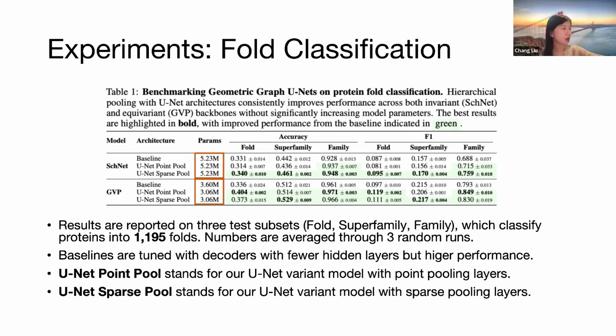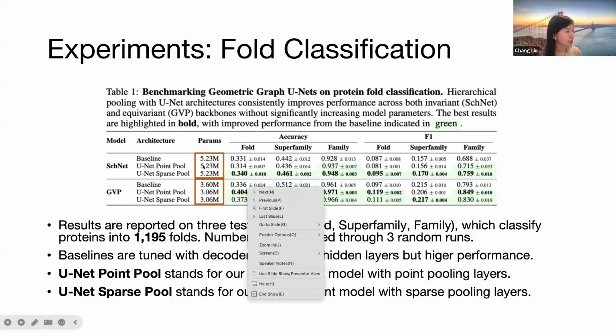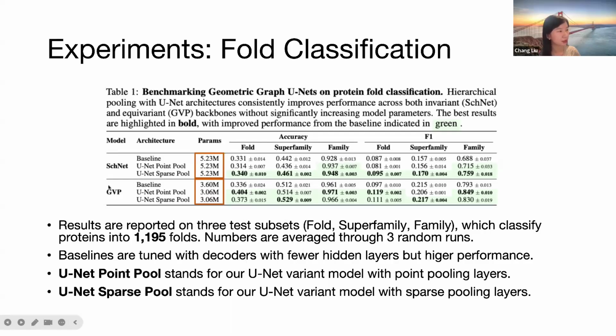So from the table, the params column, you can see that for the tuned SheNet, there are 1.23 million parameters. And for our UNet variants, there are some extra parameters involved in our UNet architecture, but we reduced some parameters from the decoders so as to maintain the fairness of the comparison.